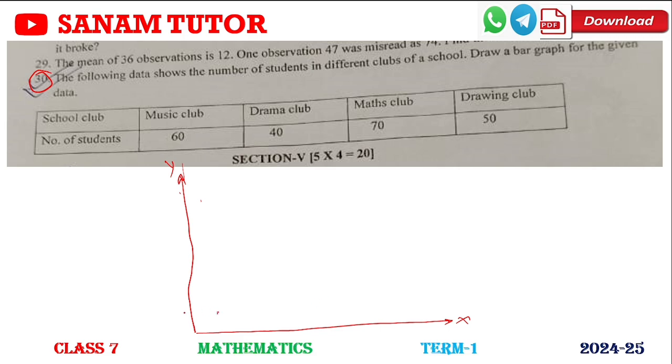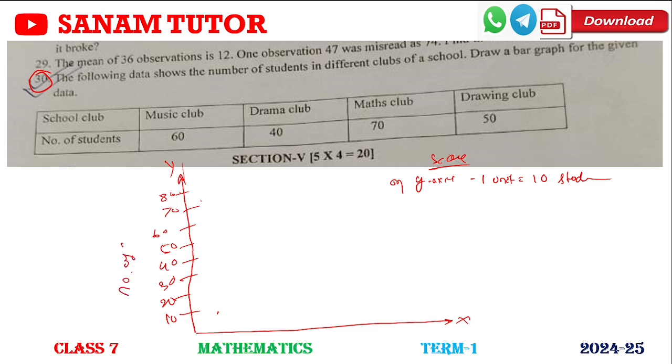Now on the y-axis we draw, here is 10, 20, 30, 40, 50, 60, 70, 80. So we can write the scale: on y-axis 1 unit equal to 10 students. So here you can write number of students. So here we can write school club.